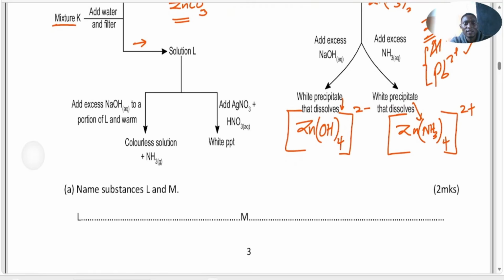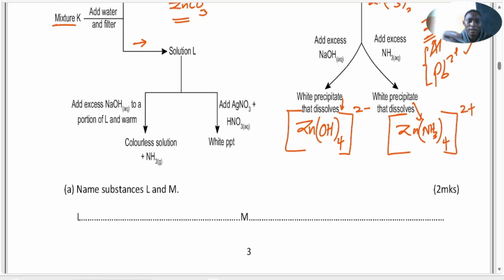So when I see a colorless solution being formed and a gas being produced, and the gas is ammonia, it comes to my mind that L must be an ammonium salt. So the question is, ammonium what?